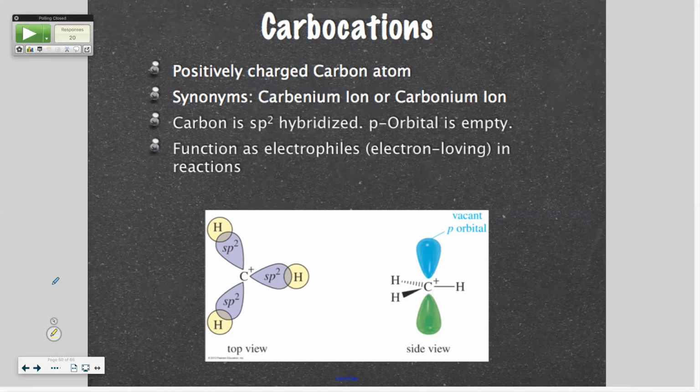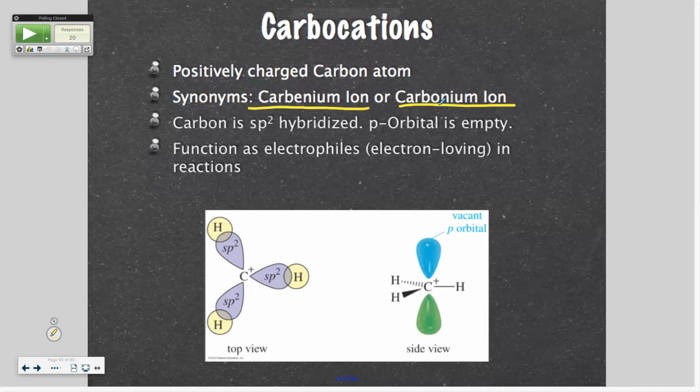They're also called carbenium ions or carbonium ions. The one I've seen the most is carbocation, to be truly honest. But this would probably be the second one I've seen the most. Okay, the carbon is sp2 hybridized just like a free radical carbon.